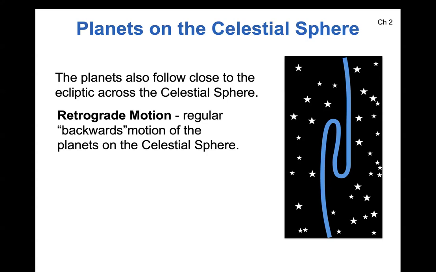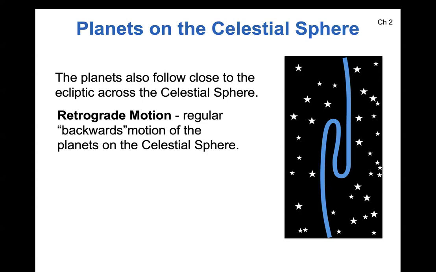Well, in a physical sense, what's happening is that it appears to be going backwards. In other words, it normally drifts a certain direction through the celestial sphere. So if you looked at it every night at the same time, that planet would appear to continue to move in the positive direction of right ascension. So it would continue to be more and more east in the local sky, right?